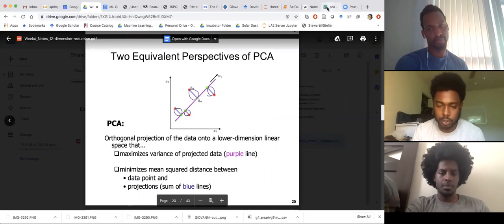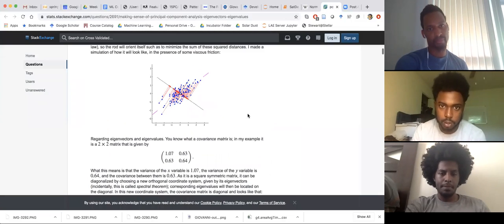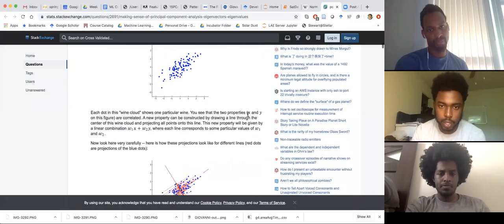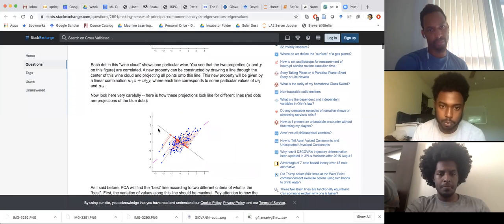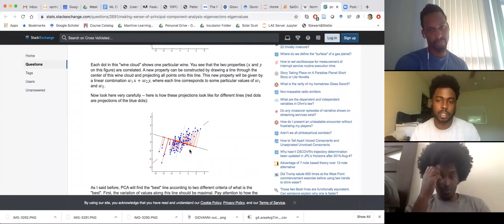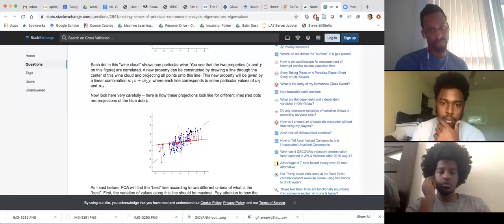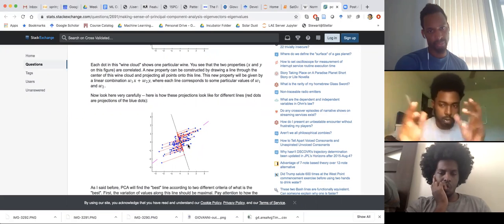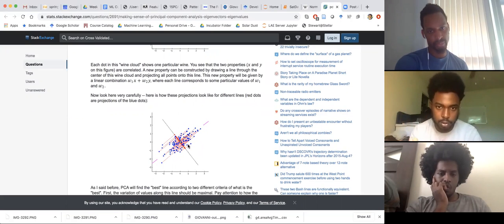And Bayon posted this really nice thing I'm going to go to, where we can see how these both happen at the same time. Let's say this is basically our regression line, and the red lines represent the error, the mean squared distance, or the error between our regression line and the actual points.